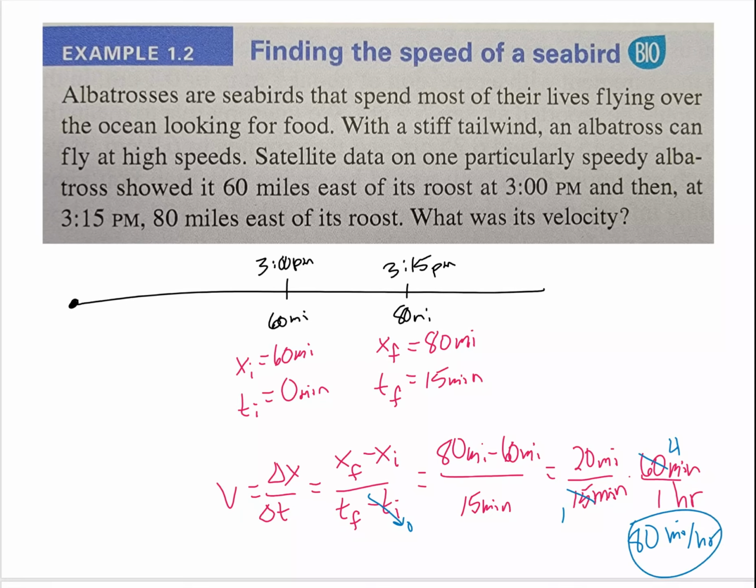Now, could we have gotten there without all of this process where we draw it out and label things and write down what we know and then use the formula? Yes, because this is an easy problem. But down the road, when we're doing problems that require a lot of stuff that we don't know how to do yet, it's going to be difficult if you're not doing this type of systematic, logical, methodical process using formulas and such.